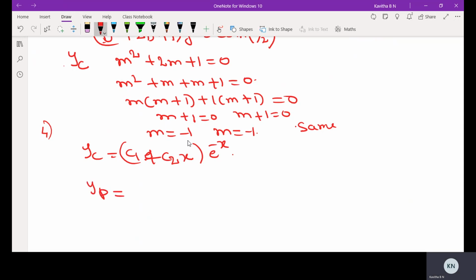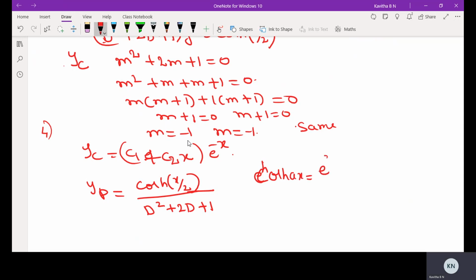Yp is equal to cos h x by 2 divided by d square plus 2d plus 1. Cos hx we are writing as e to the power of x plus e to the power of minus x by 2.